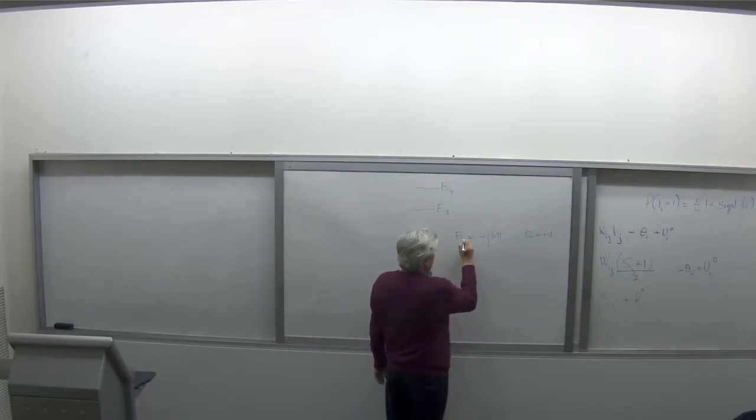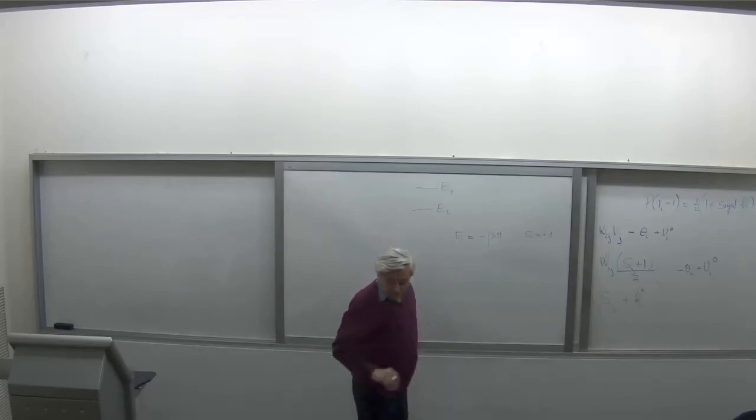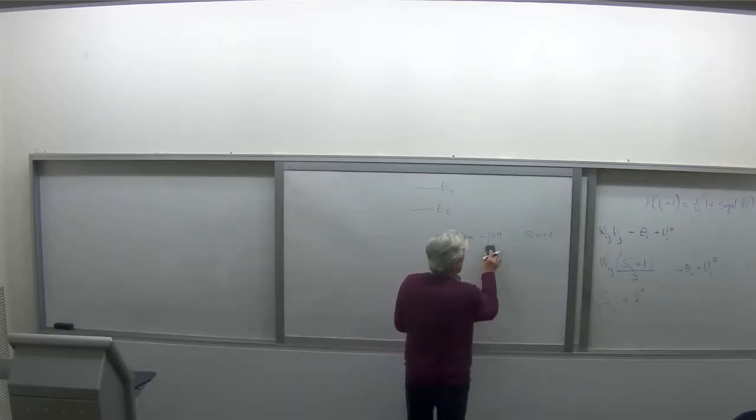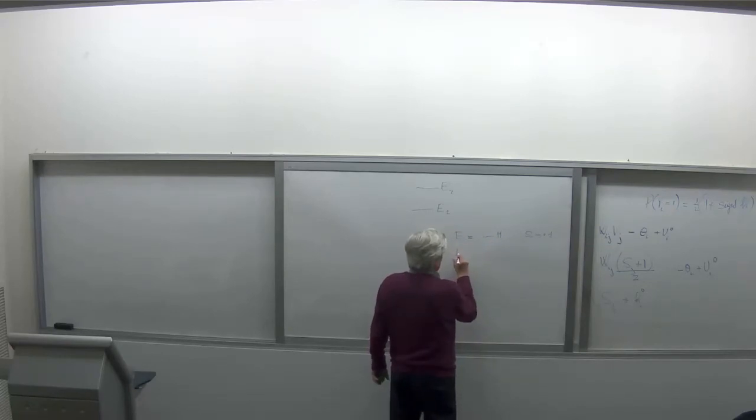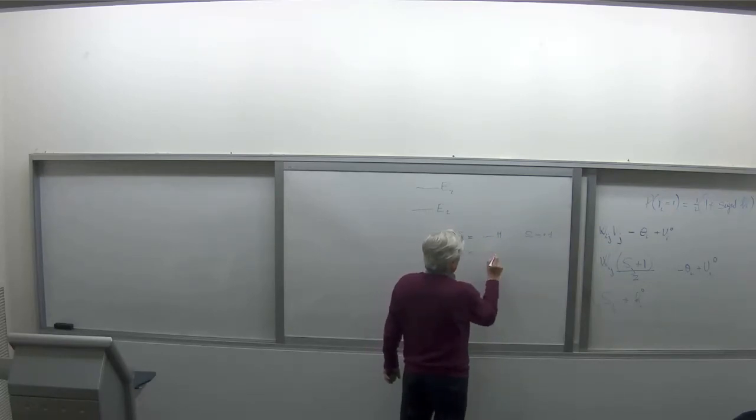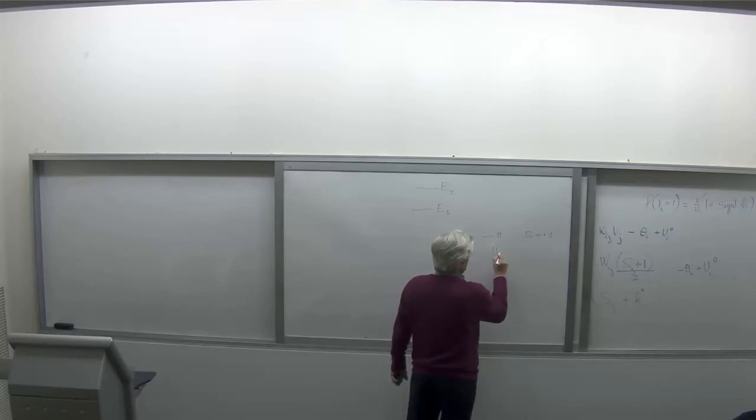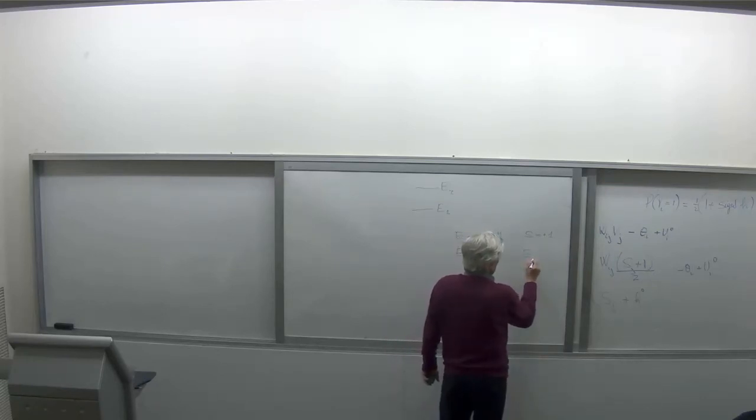We still do not have beta, so it is minus H. And the other one is H, and this corresponds to S equals -1.